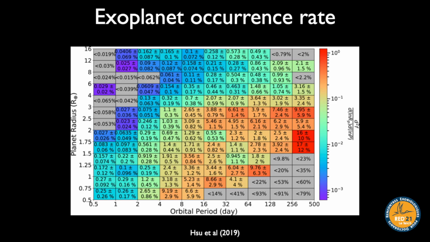Here is a very simple graph of the occurrence rate of different types of planets around stars, where the color scale really just represents what fraction of stars have a planet within a given box. And so red means more. I'm not showing you this so you remember any of the colors, just to show that we have enough planets now to go into a decent amount of detail in terms of what the exoplanet population looks like. And so it's a pretty exciting time in exoplanet studies from that point of view.